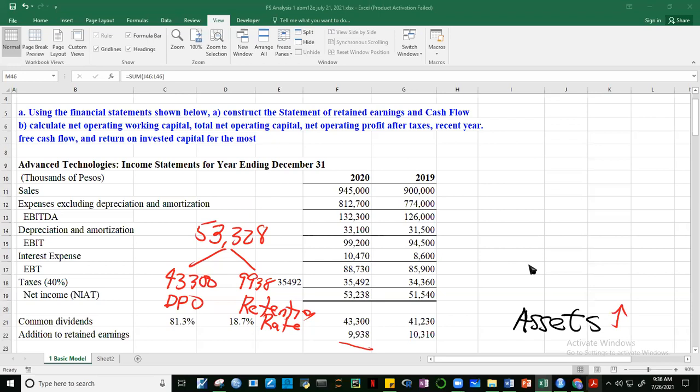Konti pa. Ang clue ko sa inyo, tingnan niyo yung buong income statement. Hanggang anong row ba yung income statement natin? Taking a look at our Excel sheet, up to what row is our income statement? Row 15 ba? Row 30? Row 22. Okay. Yeah, correct. Erin, hanggang row 22 siya.